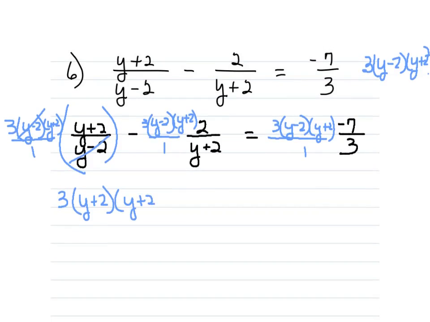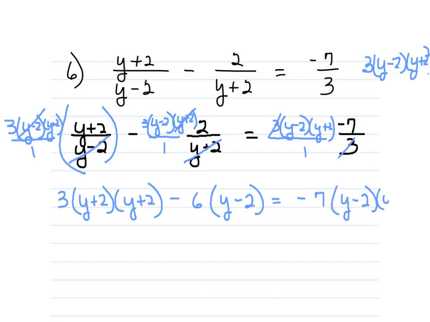I'll do this in steps so that we can follow along. Minus (y + 2) and (y + 2) cancel each other out, and 3 times 2 is 6 times (y - 2). And here the 3's cancel out, so I have negative 7 times (y - 2) times (y + 2). Okay, I have a bunch of simplifying to do.